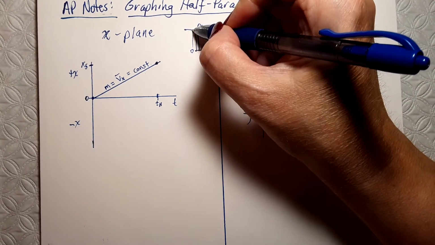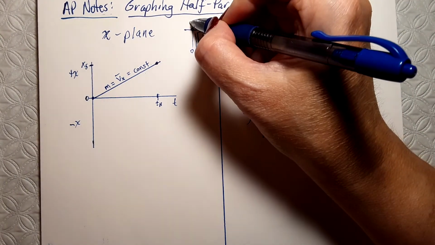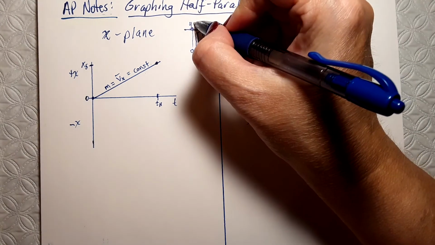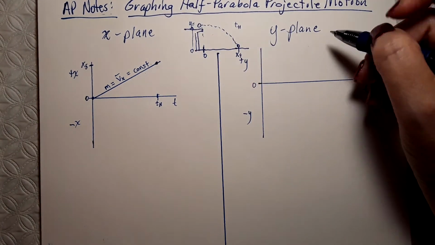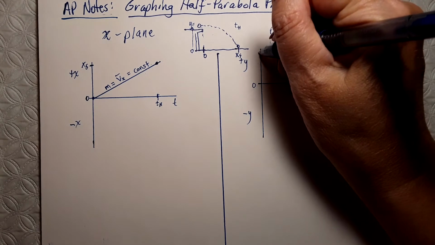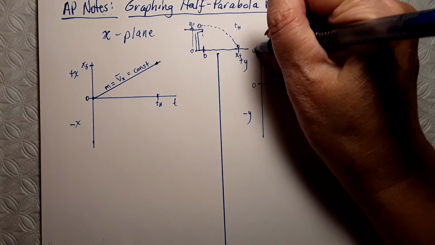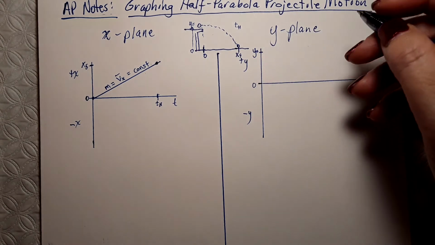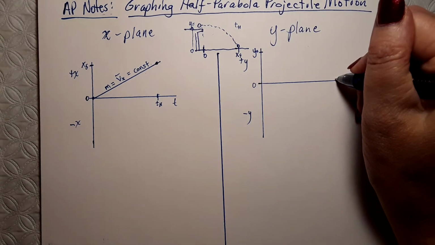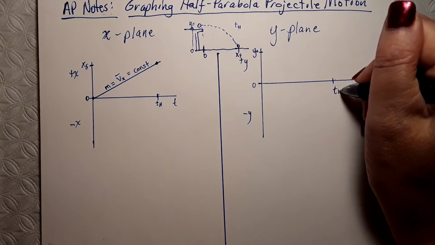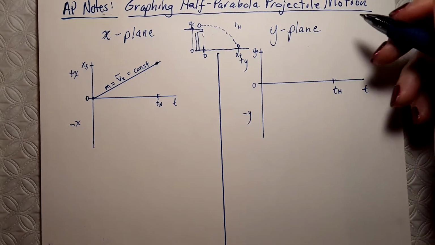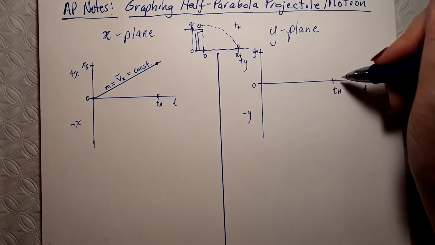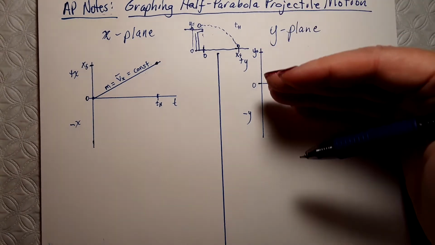So it starts at a height we'll call y sub o, and it ends on the ground. So right here we need to start it up here at 0 seconds, and sometime out here at the hang time, the same hang time that we had over there, it's going to hit the ground because it's coming down.